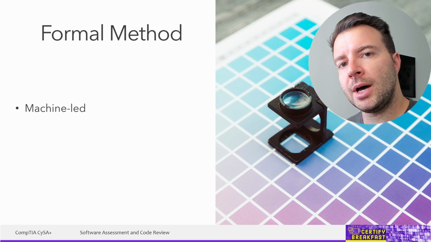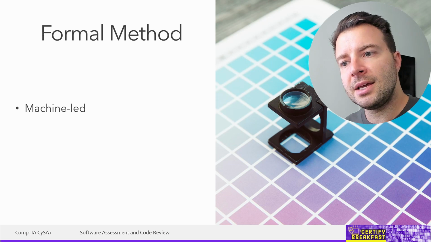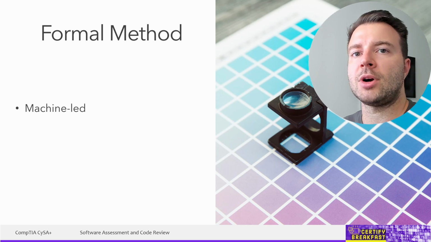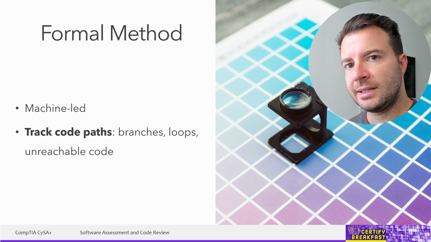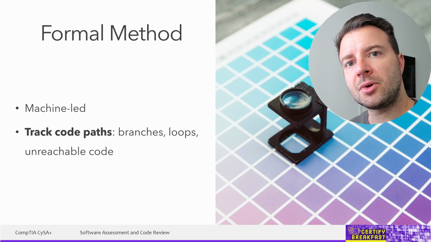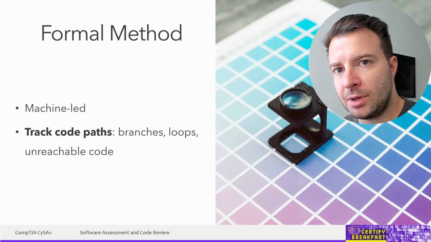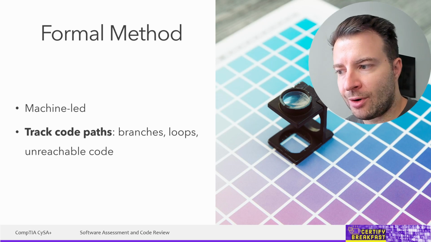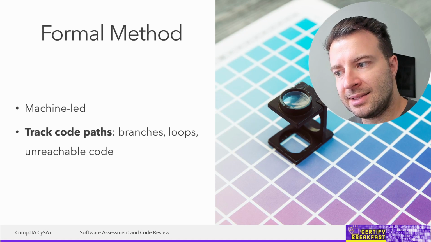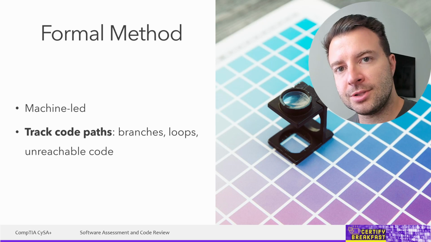And it's mostly going to apply to more complex projects where the number of branches and potential code execution paths is just too high for a programmer to be able to follow all potential code execution scenarios. Now, while static testing required the automated tool to understand the programming language that you used to write your code, well, the formal method requires the software tool to actually understand the application that you're developing and how that application is supposed to be used.